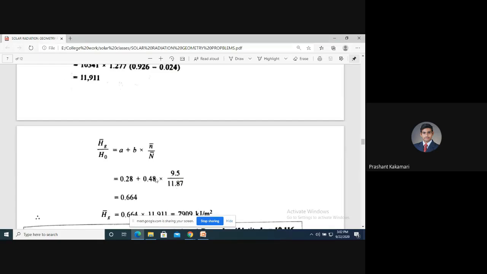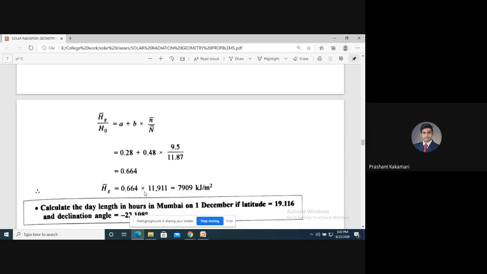So take all these values. These are non-dimensional numbers. 0.828 is a constant, 0.48 is a constant. The hour by hour ratio is a constant. This you multiply with the H naught value, which is in watt per meter square day or joules per meter square day. Then you can find the Hg bar. That is shown here.